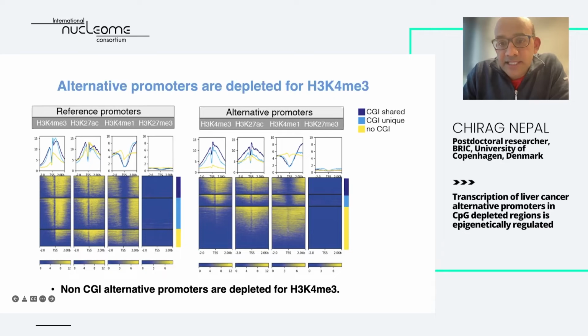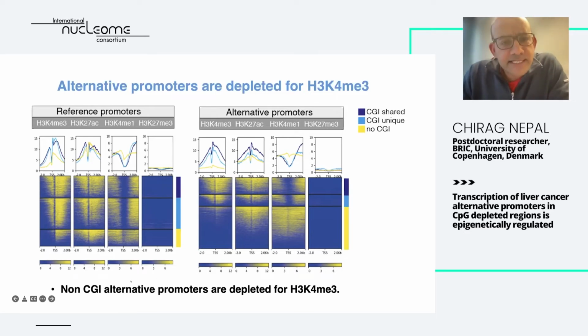The K4me1 is enriched because there is only a very small nucleosome-depleted region, and the K4me3 is coming closer, and that's why we see a continuous trend of the K4me1 here.